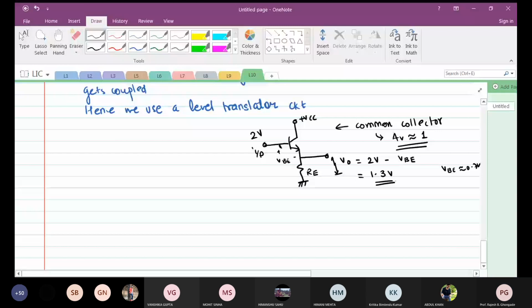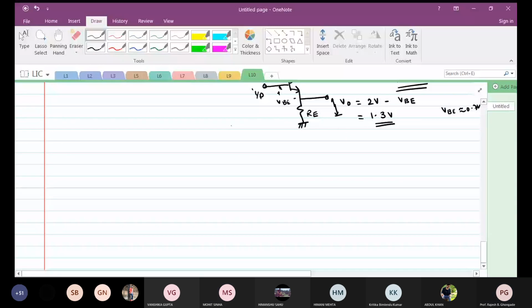All right? Is that fine? Yes, sir. In a similar way, I can use the same circuit with a slight modification. Now instead of connecting this to ground, of course we have VEE, which is negative. So I'll connect another resistor over here and tie it to VEE.